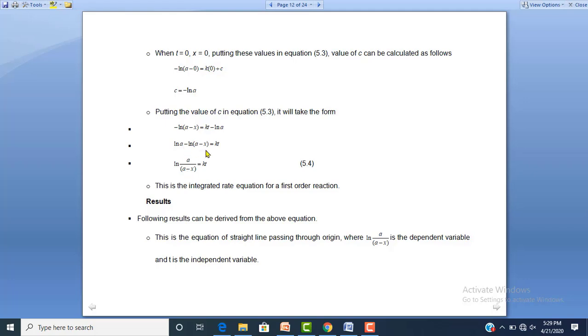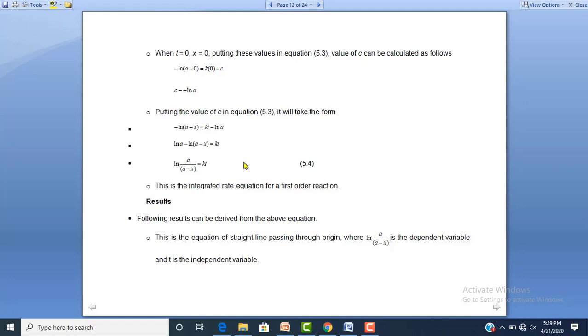So this equation will become equation 5.4: log natural a over a minus x will be equal to rate constant k into time t. So from equation 5.4, we will be able to find out the rate constant expression for a first order reaction.